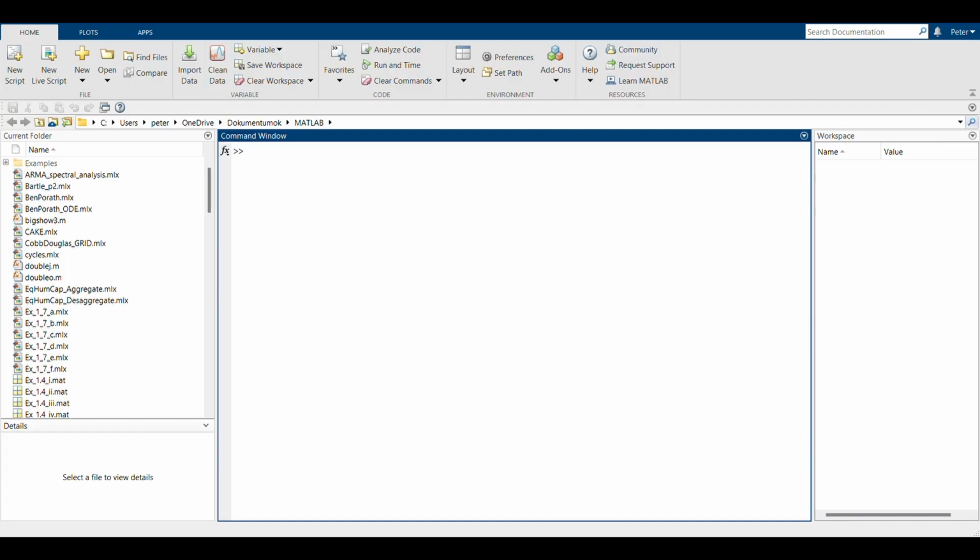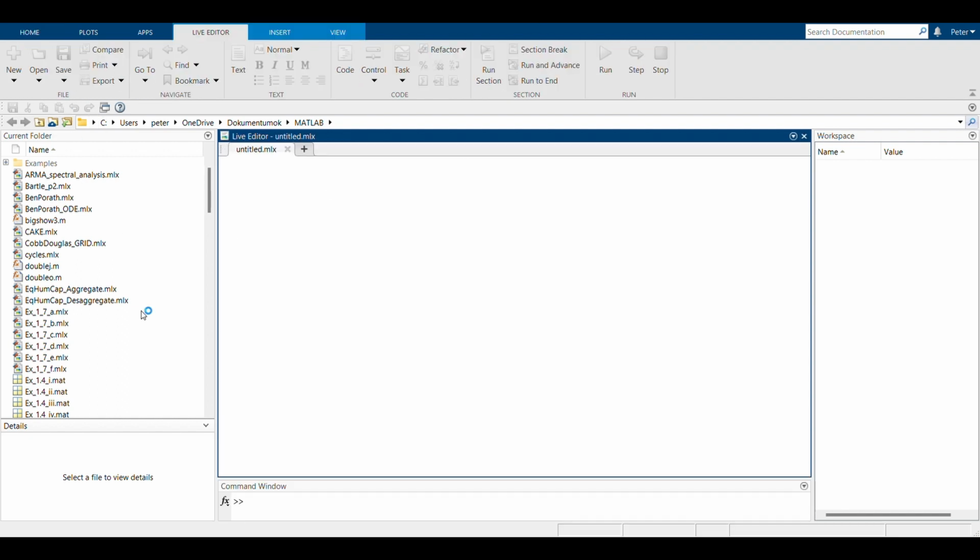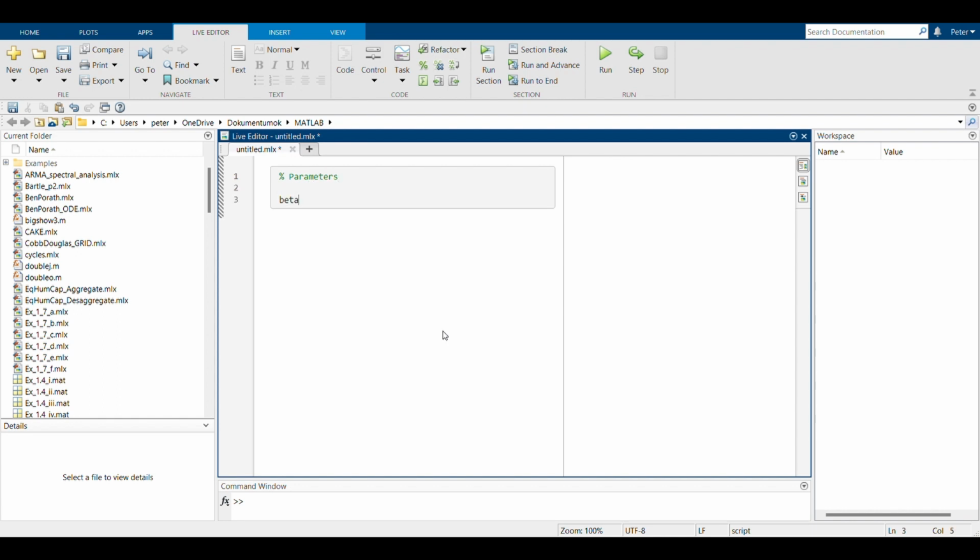Let's try to solve the simplified version of the Ljungqvist-Sargent human capital accumulation model. It's going to be an easy feat, I promise. Let's start a new live script and let's start with the parameters. We need 1, 2, 3, 4, 5, 6 parameters. This is the discount factor.